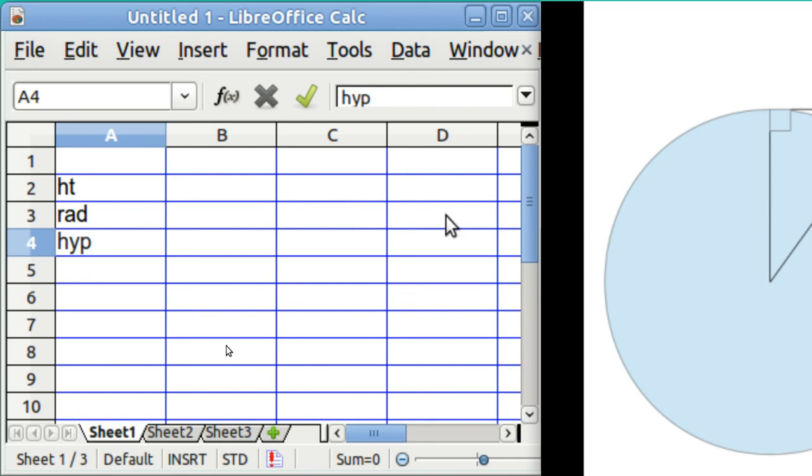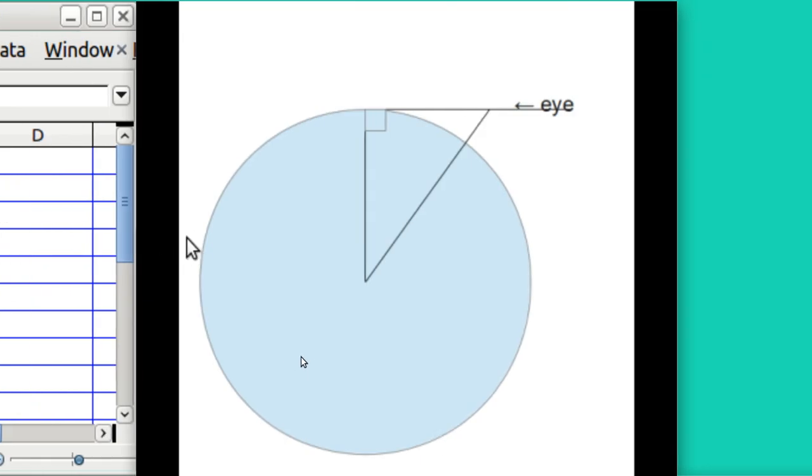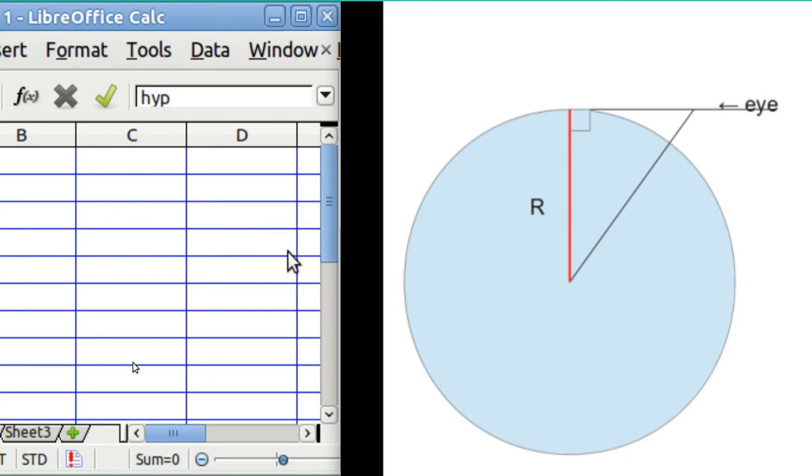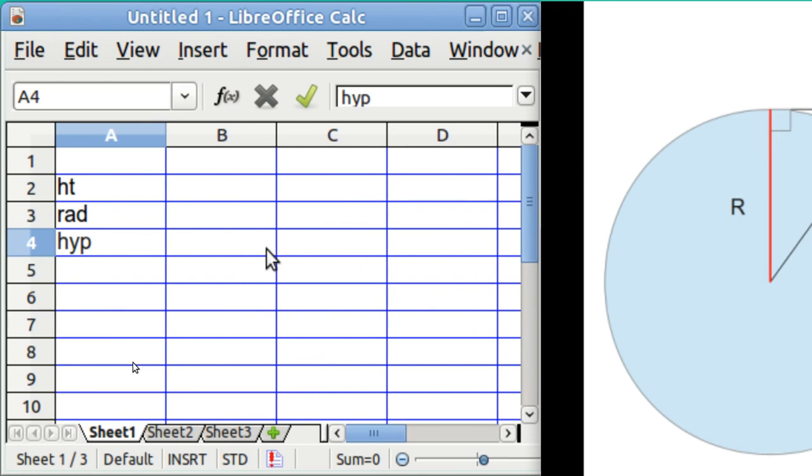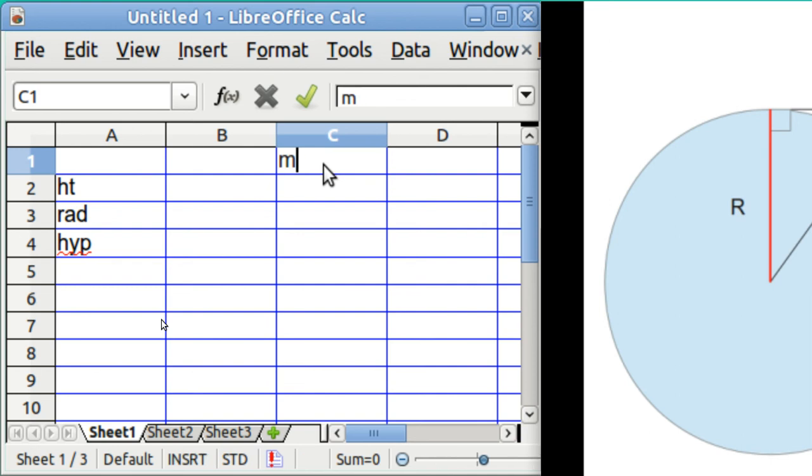Now, if you look over at the picture, our radius is the distance from the surface of the Earth to the center. And that's going to be in miles, 4,000.